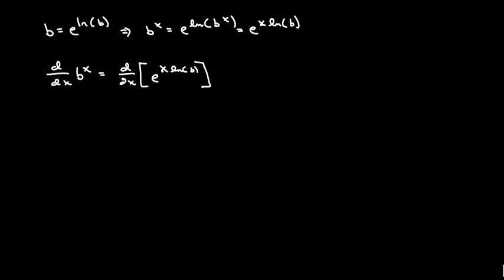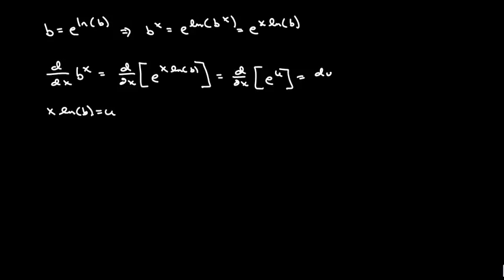I'm going to let x natural log of b be equal to u. Then this becomes d dx of e to the u. But the problem here is that we can't differentiate with respect to x because u is a function of x. So what we need to do is the chain rule.